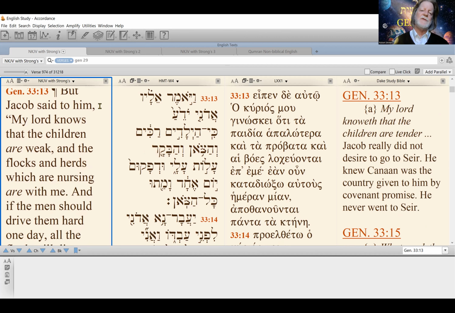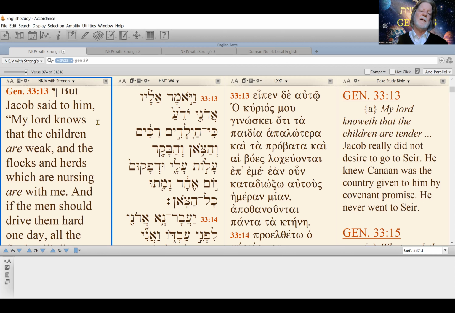And I'll go before you, either to Mount Seir or to the family homestead. But Yaakov said to him, and now what follows, this is where I want you to see if you think Jacob is being deceptive, maybe telling little white lies, maybe not wanting to go with his brother, but wanting his brother to think that he wants to go with him. So see what you think about Yaakov's response here.